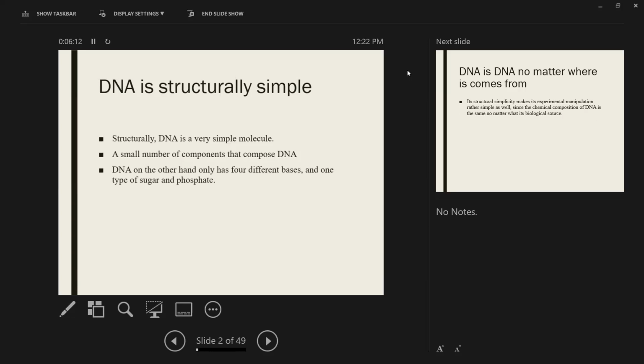DNA is chemically the same regardless of its source, which is quite remarkable. There's only a small number of different things that compose DNA: 4 different bases, 1 type of sugar, and a phosphate, and that's it.